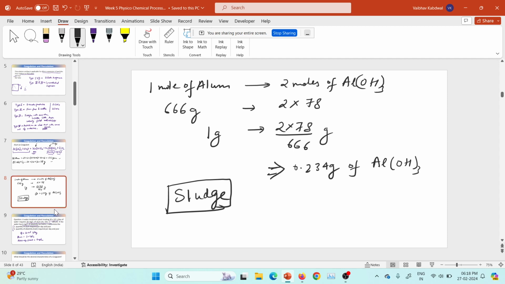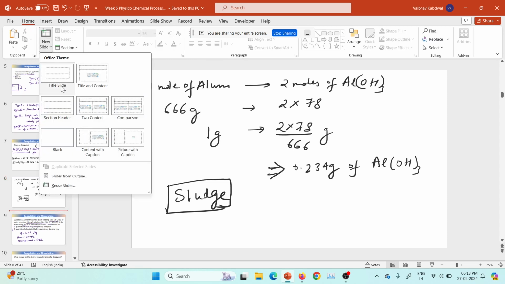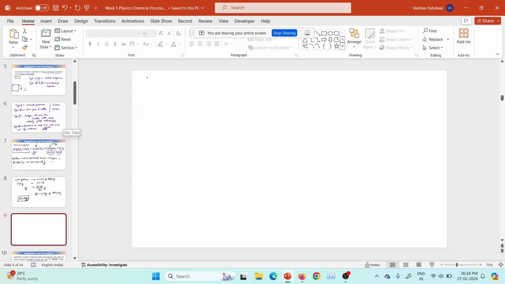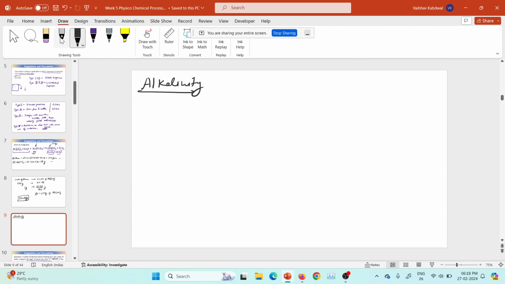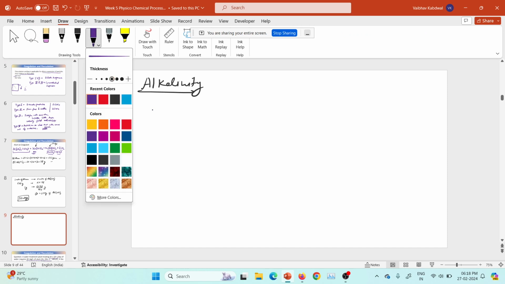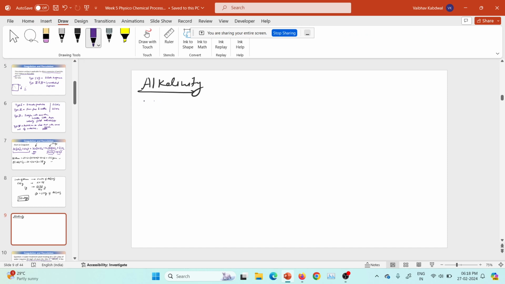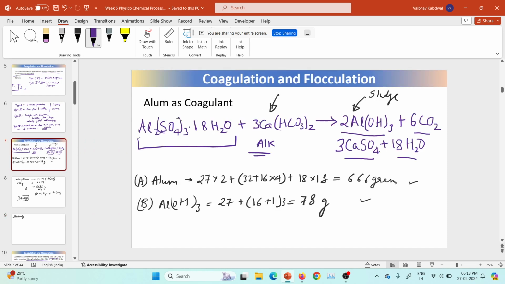Now we will calculate for alkalinity. For alkalinity, what is the 3 moles required?